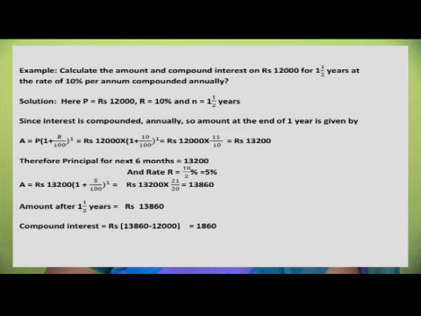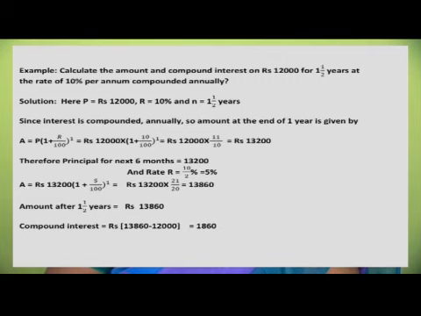Since interest is compounded annually, the amount at the end of the first year is given by A is equal to P into 1 plus R by 100 the whole power 1, which is equal to rupees 12,000 multiplied by 1 plus 10 by 100 the whole power 1, which may be simplified as rupees 12,000 multiplied by 11 by 10, which is equal to rupees 13,200.